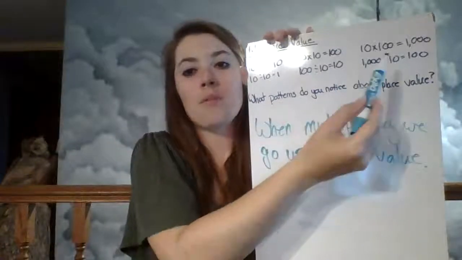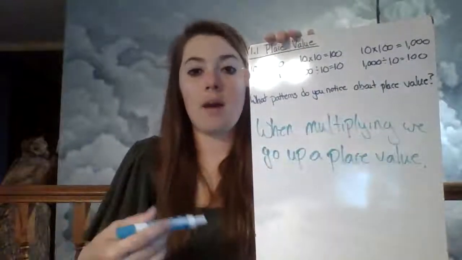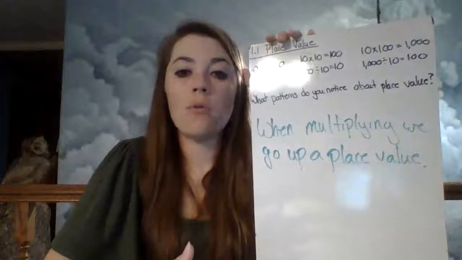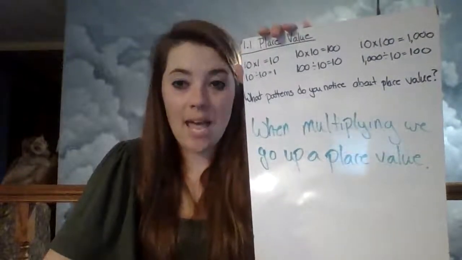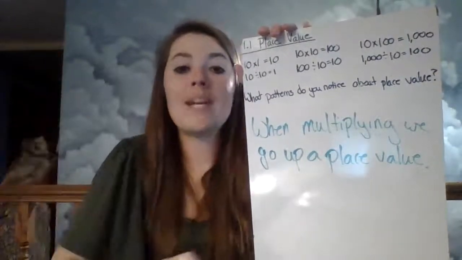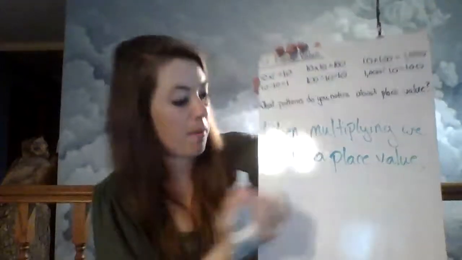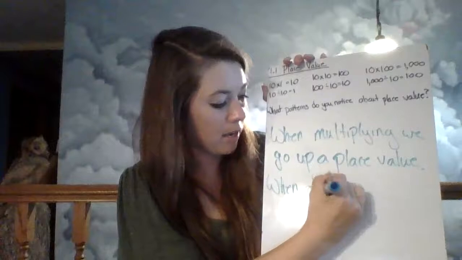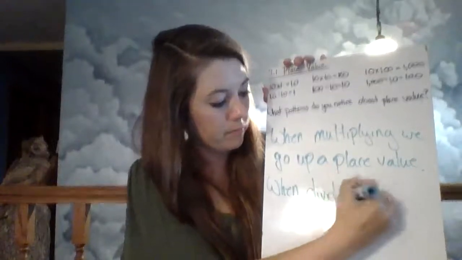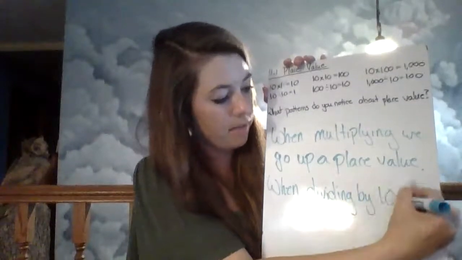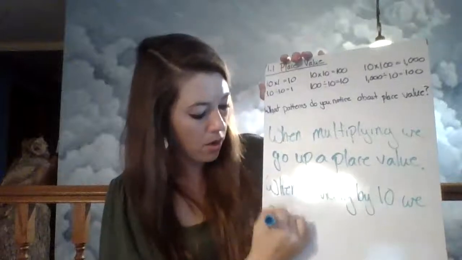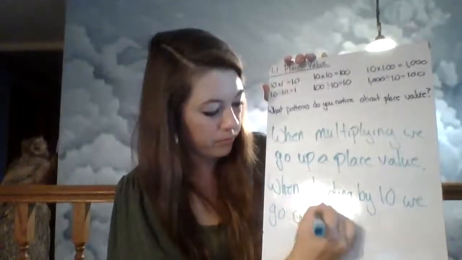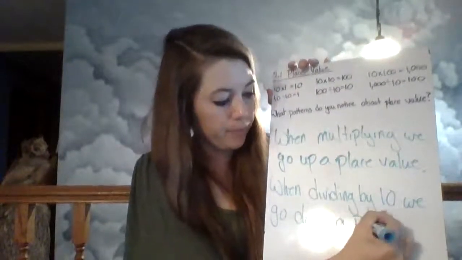We're taking 1,000 and dividing it by 10, and we go down to 100. So when we divide by 10, we're going down a place value each time. So when dividing by 10, we go down a place value.